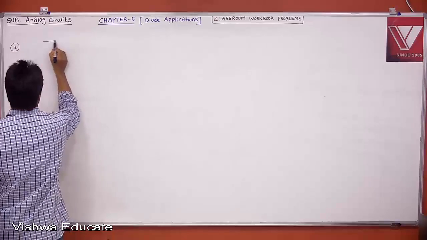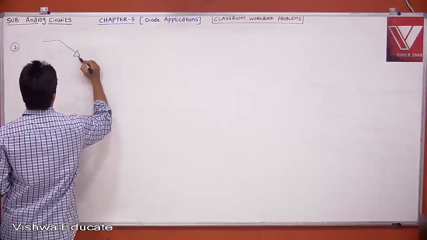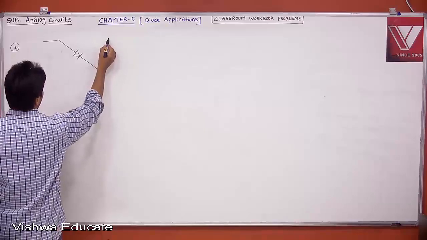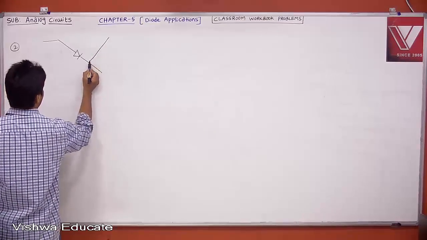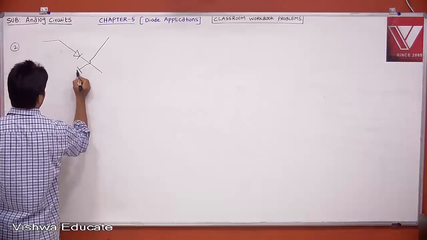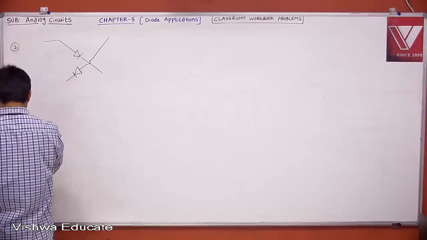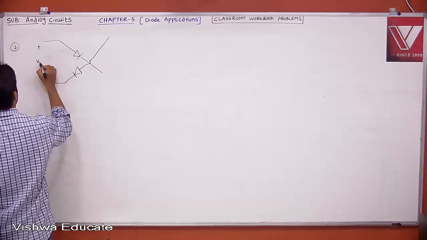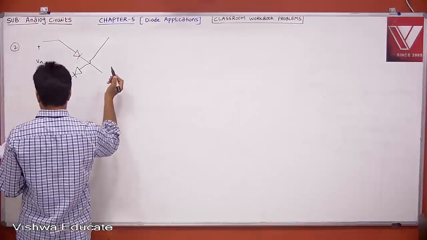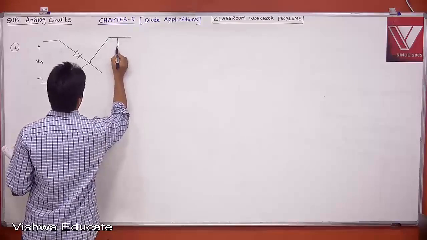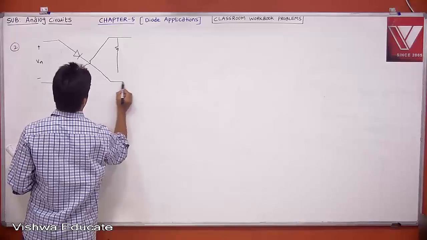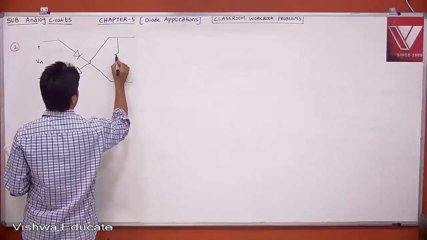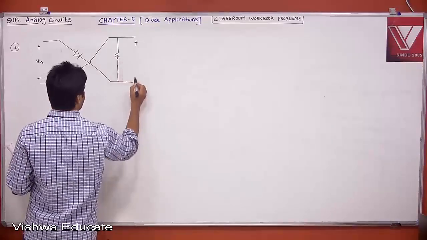The circuit is given. This is V in, and this is V out, plus minus V out.